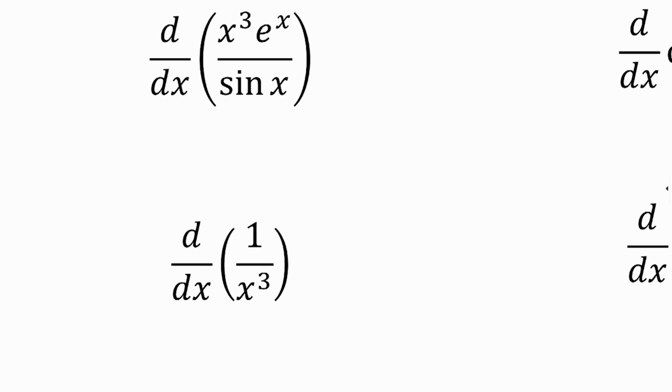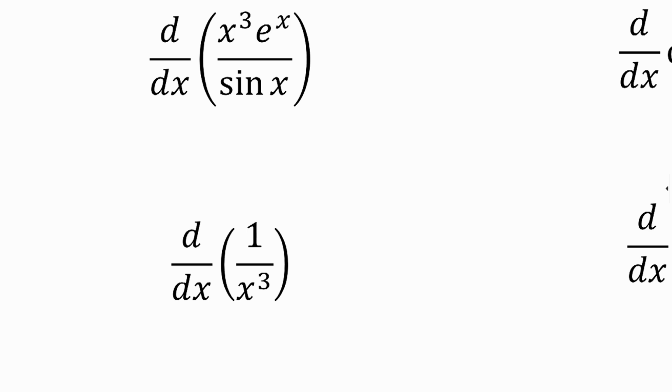Okay, so this one is a little bit more complicated than usual. We have a product and a quotient rule that is going to be necessary. Luckily, there's no chain rule necessary for this problem, but we're still going to do quite a bit of work. So let's find the derivative of the top here.